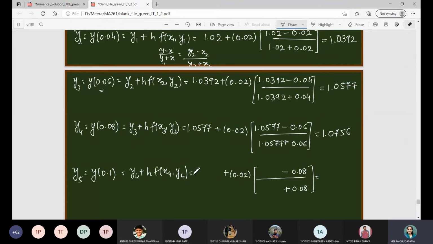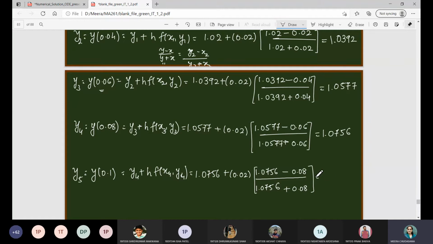So next one, y5, that is y at 0.1. So y4 means 1.0756 plus h, that is 0.02, into 1.0756 minus x4 upon 1.0756 plus x4, that is 0.08.